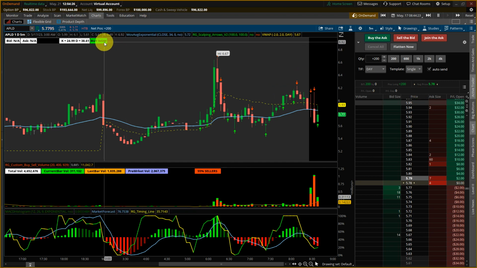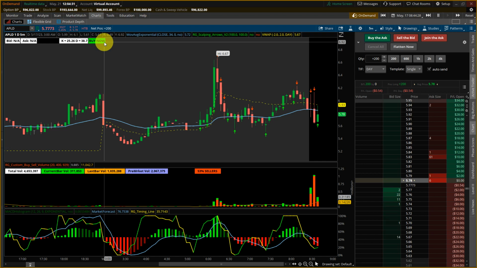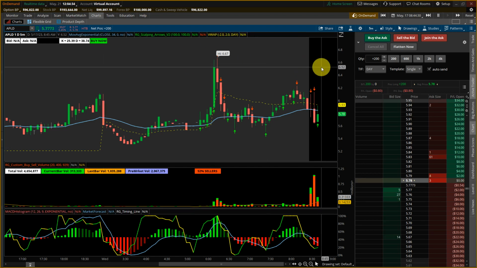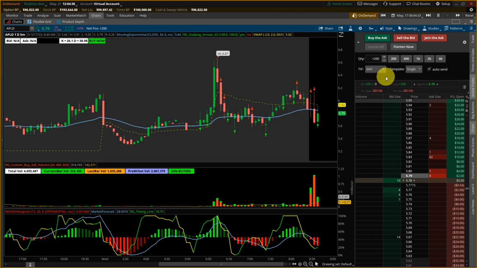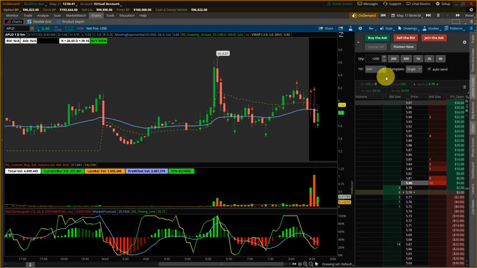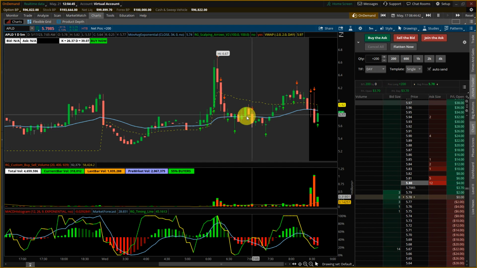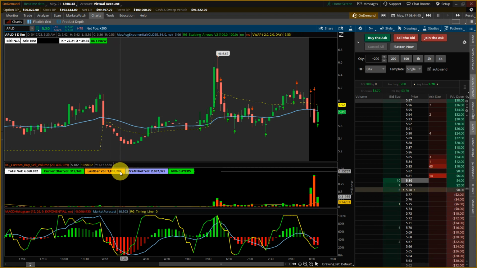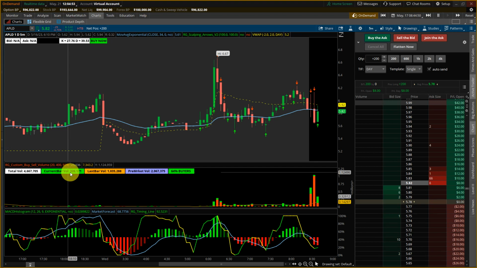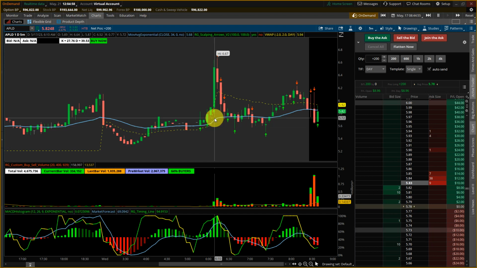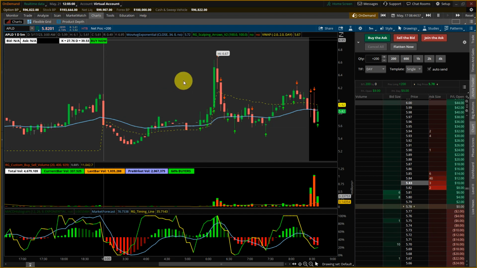We do have a buy now indicator popped up. This was the market open candles, and this is the current candle. Volume is pretty good. Looks like the buyers are coming in. Still have the buy signal.